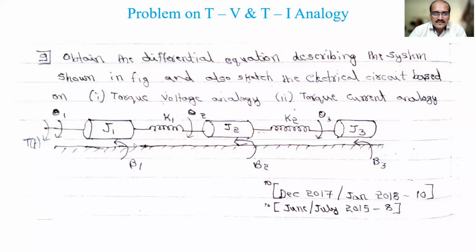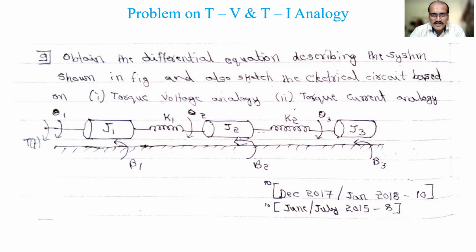Okay, fine. So there are 3 inertia elements, J1, J2 and J3. Three displacements you have identified, theta 1, theta 2, theta 3. Concentrate on theta 1 first. At theta 1, T of t is connected, J1 is there, and B1 is there. Then between theta 1 and theta 2, you have K1.